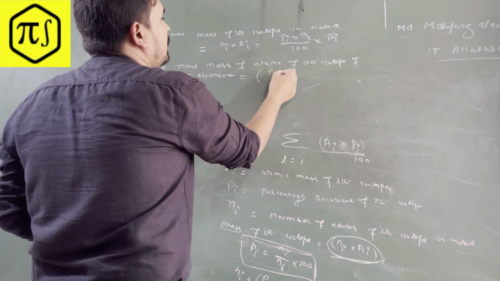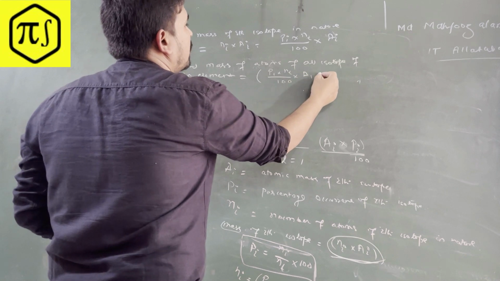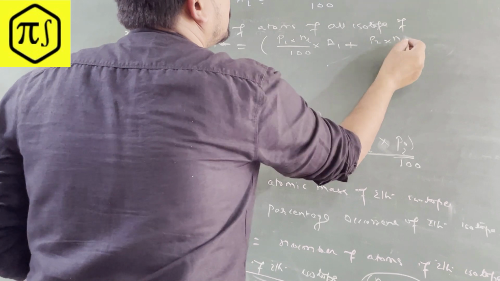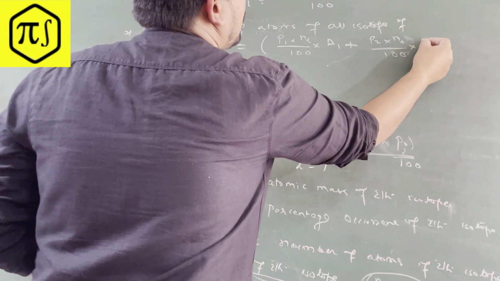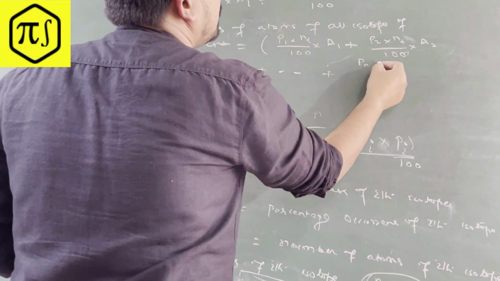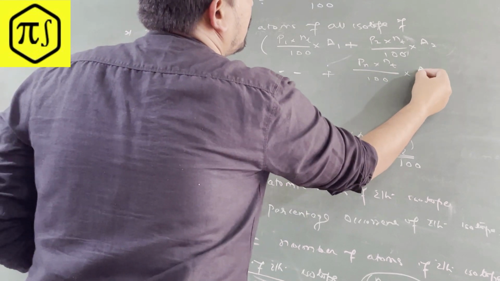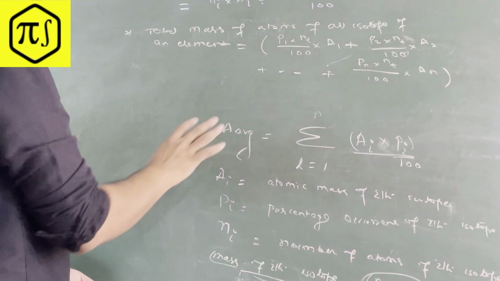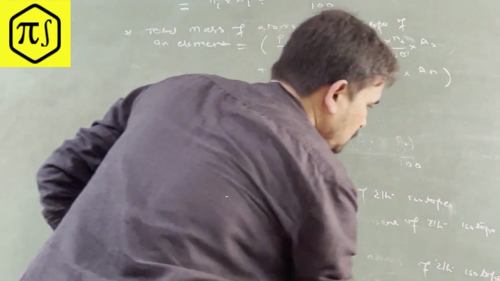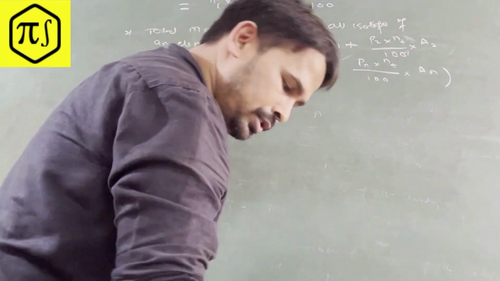You can say P1 into Nt divided by 100 into A1, plus P2 into Nt divided by 100 into A2, and so on, then for the last Pn into Nt divided by 100 into An, right? This is the total mass.